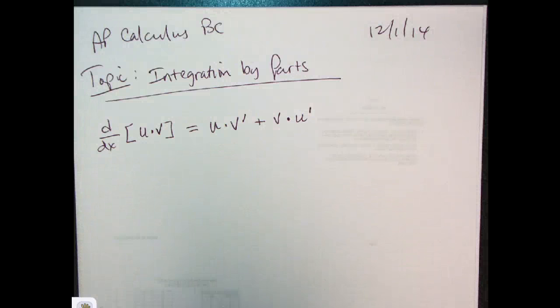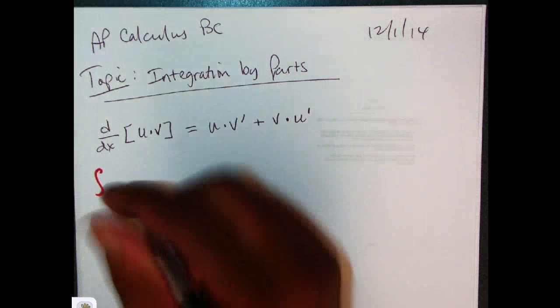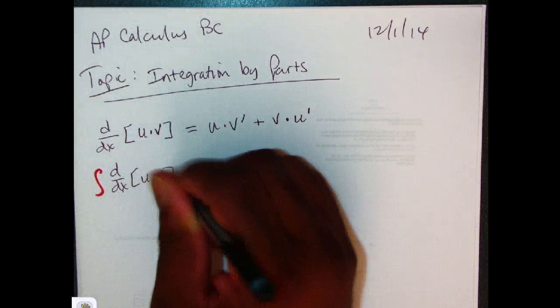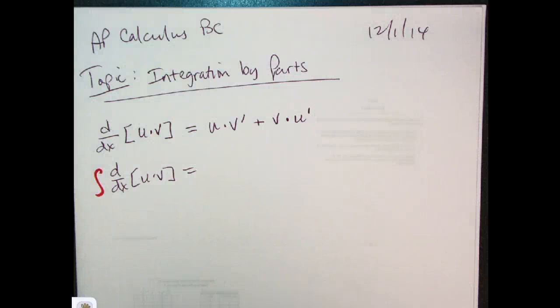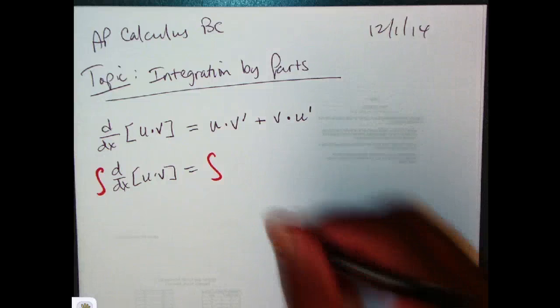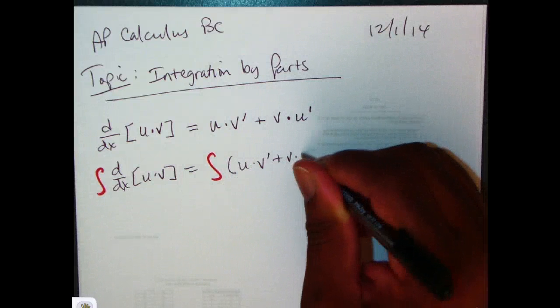Now, if we were to take the integral of both sides there, we'd have the integral of d dx u times v. That's equal to the integral of u times v prime plus v times u prime.